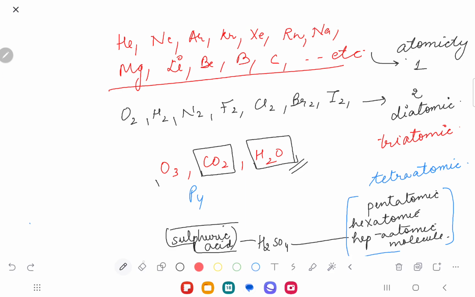Atomicity means the number of atoms in a molecule.